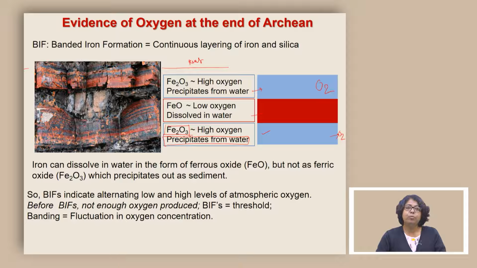So, there are a couple of questions. One is why it is changing. Secondly, why do we find this massive deposit of ferric oxide? We do not find it in the early Archean, and we do not find it beyond a certain level of the Proterozoic. So, what happened during the Proterozoic?